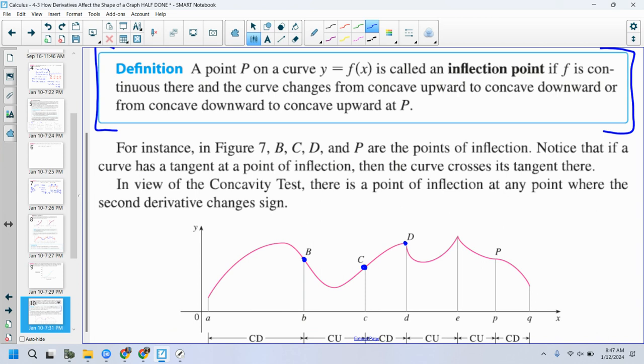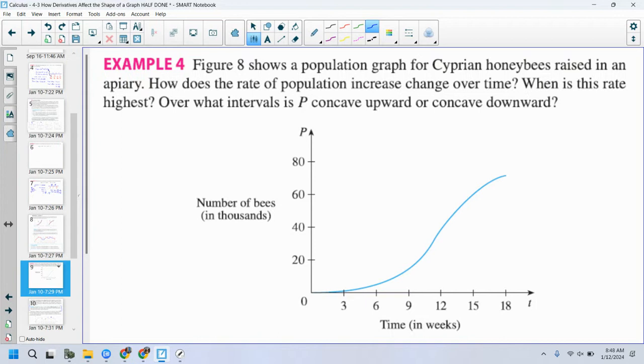So you got to be careful about that. However, point E there is not an inflection point. It's not an inflection point because I'm going from concave upward to concave upward. And then point P here is another inflection point. Okay. And again, these will be shown by using the concavity test, putting it on a number line and seeing where it changes. Now, this is not an example that you have to write down. I just think this is super interesting.